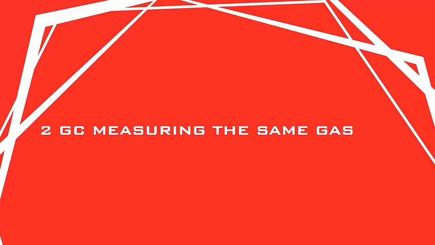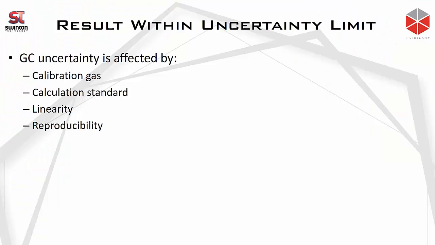So the third place where we do a data comparison is by comparing two GCs that measure the same gas. So when we go back to our uncertainty topic before, GC uncertainty is affected by 4 different parameters. The first one is the calibration gas, and then we have the calculation standard, which for CV is ISO 6976. And then we have linearity, and also reproducibility.